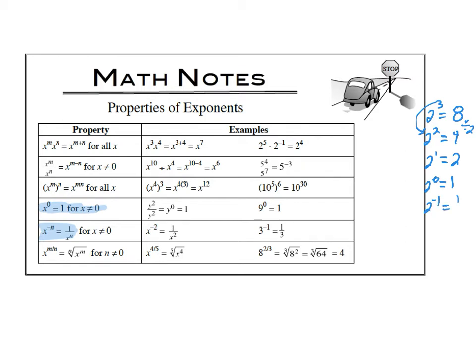Divide by 2, you get 1/2. 2 to the negative 2, divide by 2, that's going to give you 1/4. 2 to the negative 3, that's 1/4 divided by 2, or 1/8. So 2 to a negative x is 1 over 2 to a positive x. That's what your negative exponent property is trying to tell you. On to the next slide.